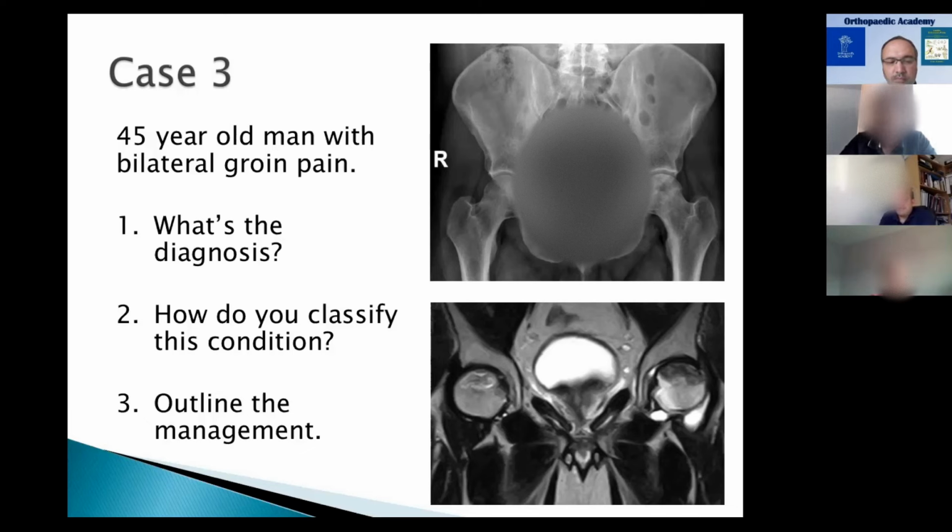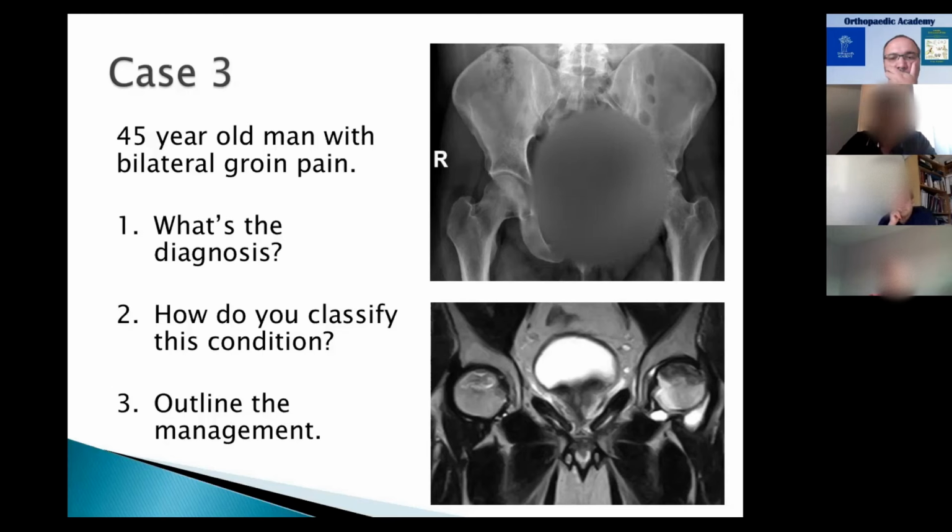So tell me a little bit, do you know how you might be able to classify it? So in terms of classification, that's the Ficat-Arlet staging, and stage 0 is where there are no changes on the radiograph as well as MRI. The changes are seen on the histology, and then in stage 1 the changes can be seen on the MRI only.